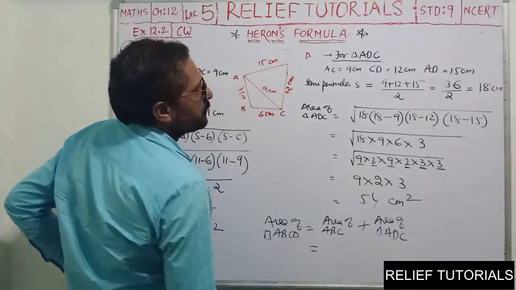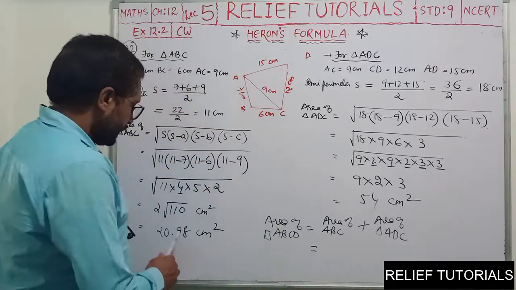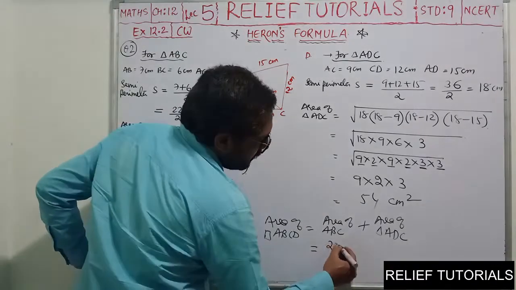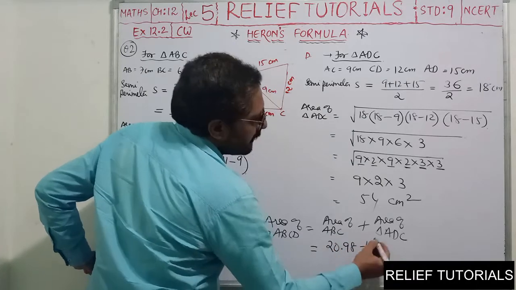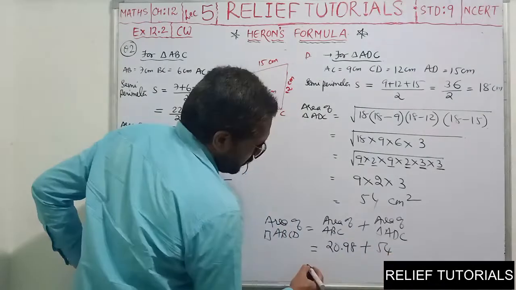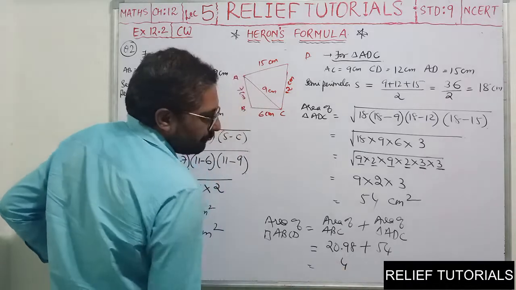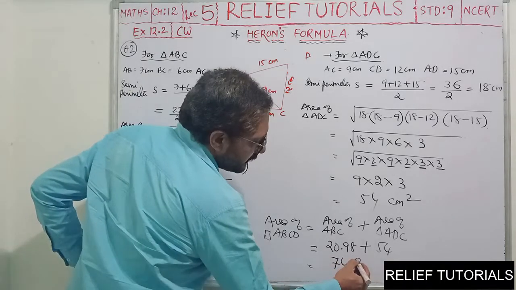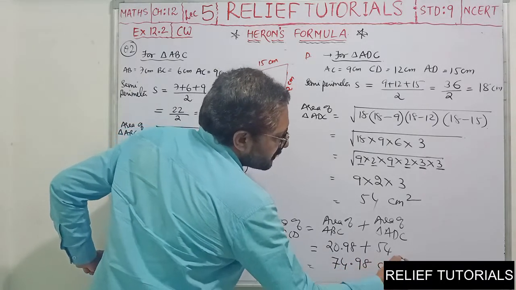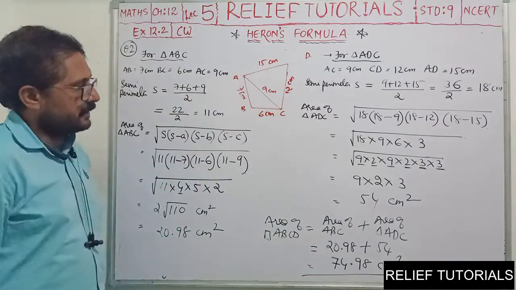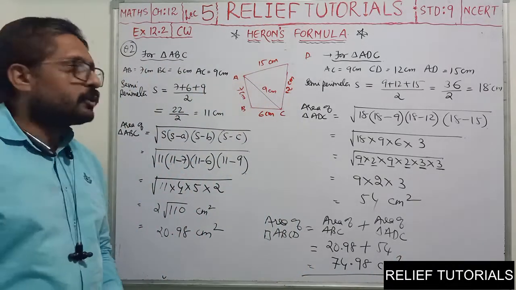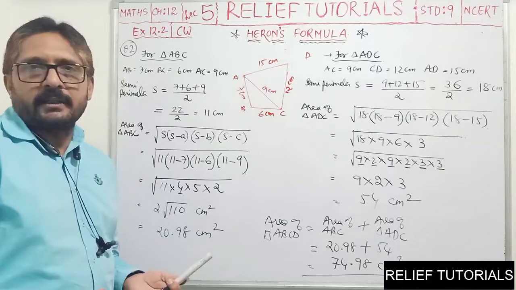So that is equal to 20.98 plus 54. So 74.98 centimeters square. This is our required answer. So simple. In both the triangles we have applied Heron's formula. That's all.